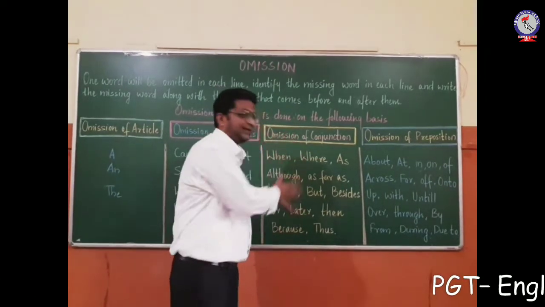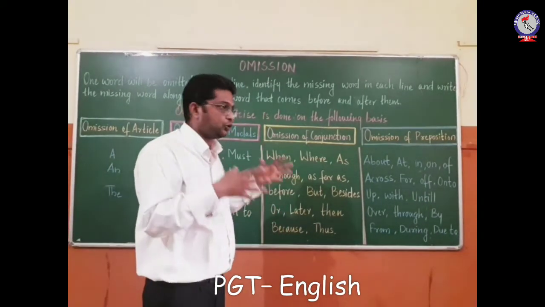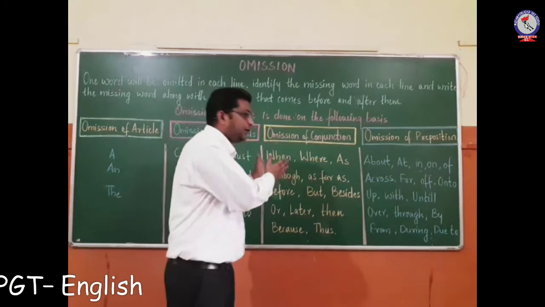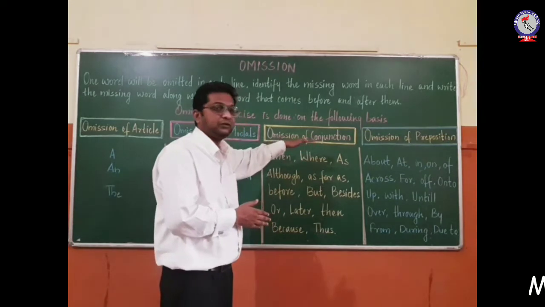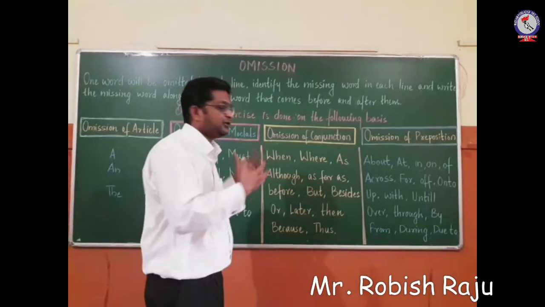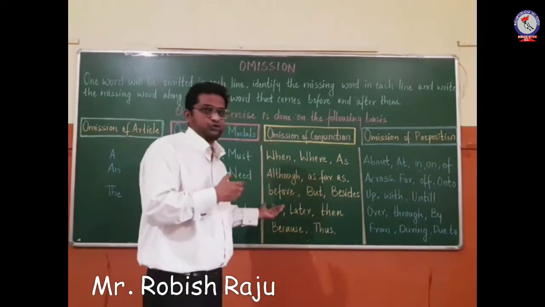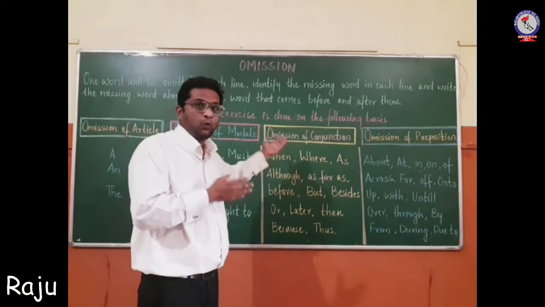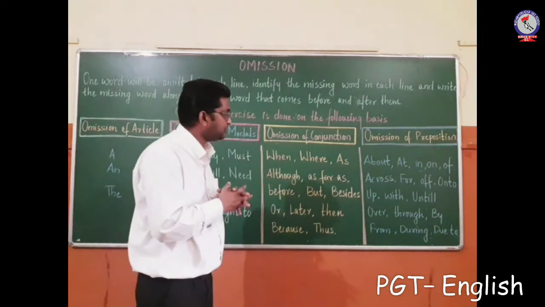Now these are the connectors or conjunctions which are used to combine two sentences, which are used to join two sentences. So we must be well acquainted with the utility or usage of conjunctions. That means we must know where and when conjunctions will be used in a sentence. Then we will be able to identify which conjunction is missing in a sentence.